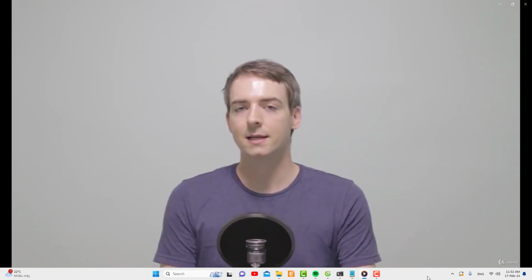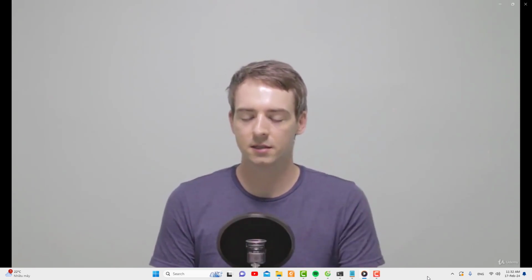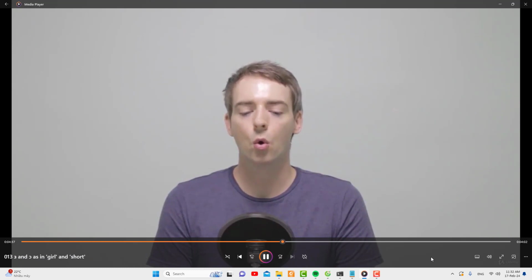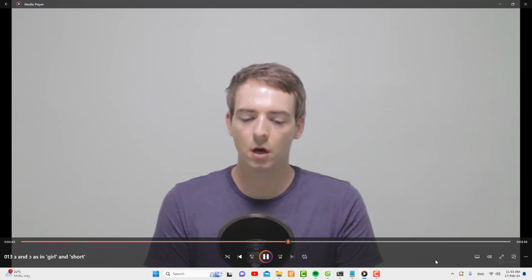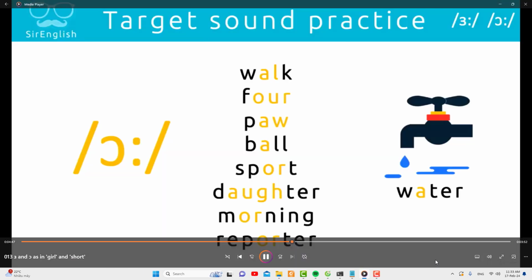Now, let's look at the second target sound. The sound is /ɔː/. Remember the shape of the mouth? The lips are very rounded. /ɔː/, and it's a long sound. So let's look at the words and repeat after me.